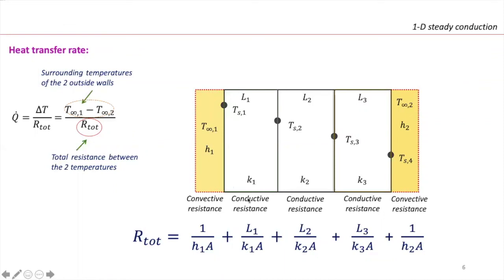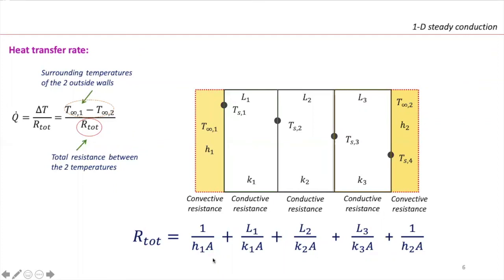Then we have our first conductive resistance, because it's the resistance due to the presence of this wall. Then a second conductive resistance, because we have a second wall. Then a third conductive resistance, because we have a third wall. And finally, a second convective resistance, because we have a solid and a fluid interface.